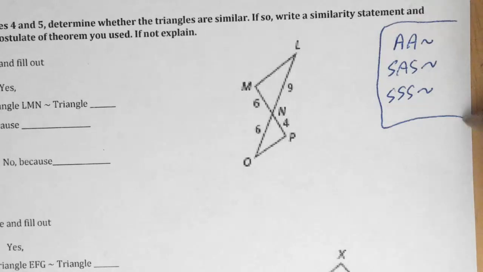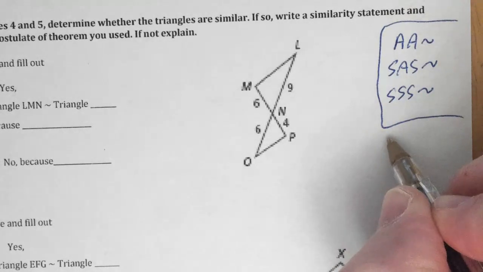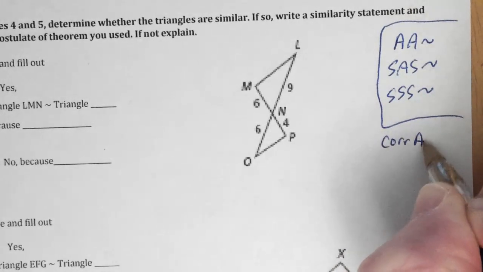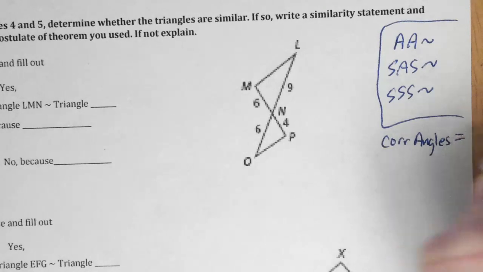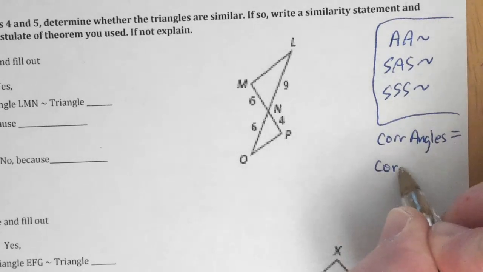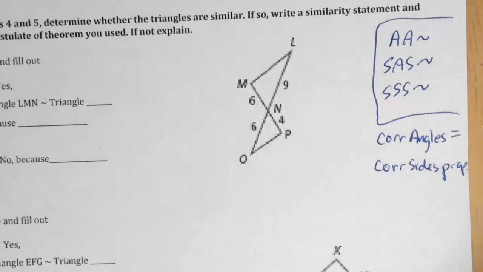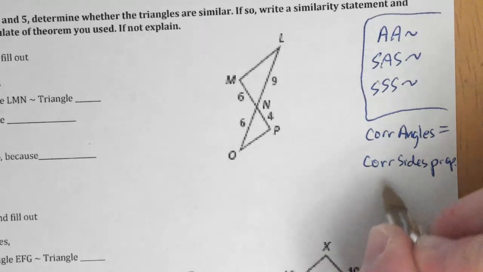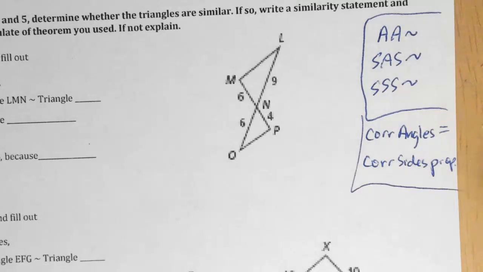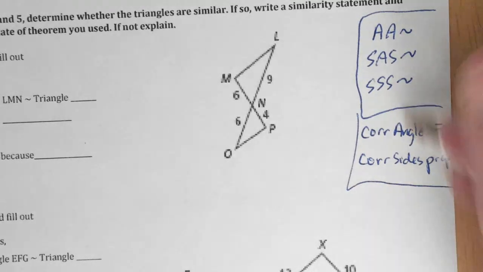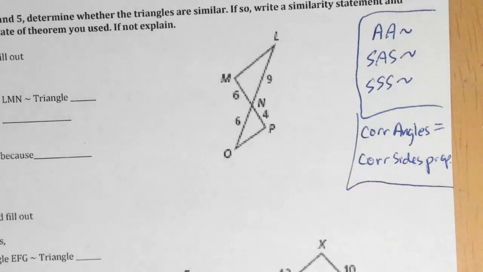Those are the rules. With those rules, corresponding angles are congruent and corresponding sides are proportional, meaning that the ratios are equal.